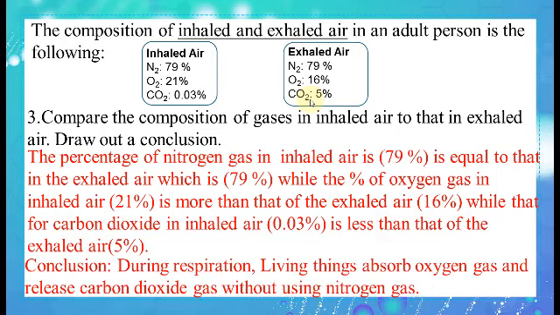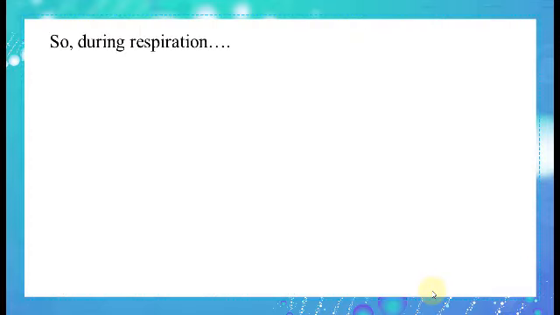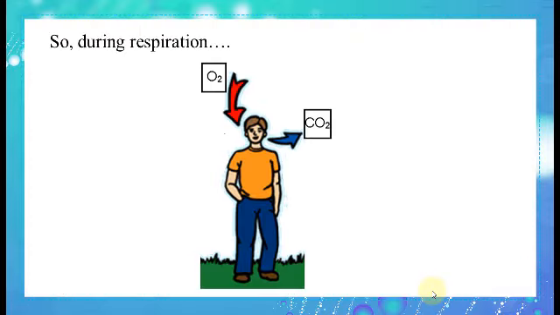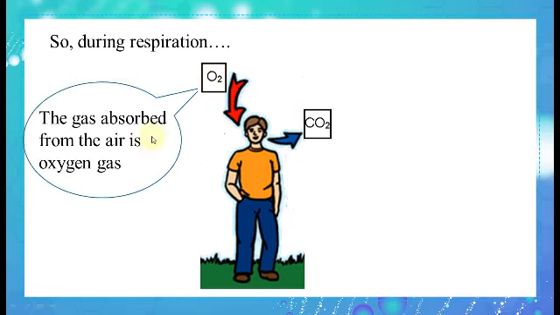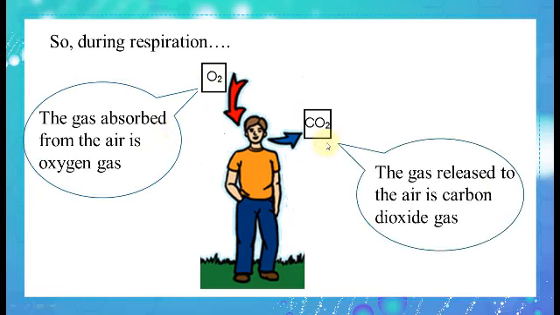So, what do you conclude? As a conclusion, during respiration, living things absorb oxygen gas and release carbon dioxide gas without using nitrogen gas. So during respiration, living things that live on the land, which breathe from the surrounding air, absorb or take the oxygen from the air and release or give carbon dioxide gas to the air.